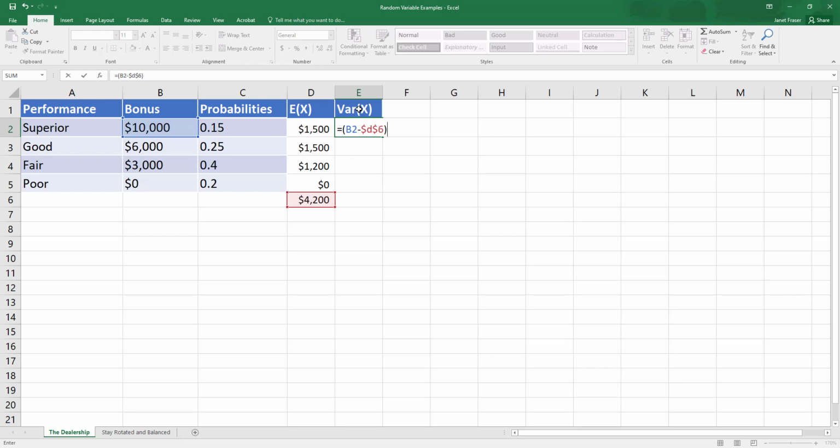So in the next row down, it'll be B3. But because I locked in D6 using those dollar signs, that will not change as we go down the rows. We want to square this. And then multiply by the probabilities.